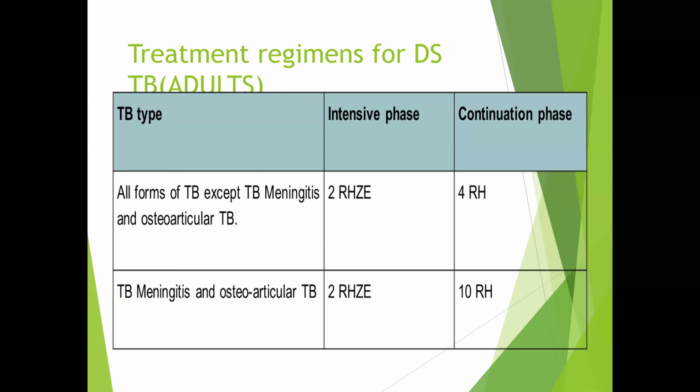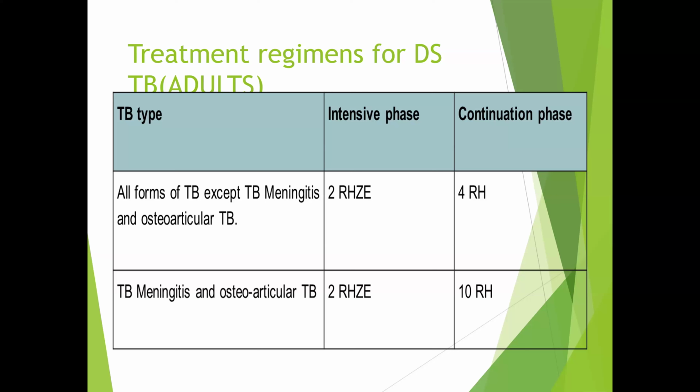This is the regimen that we use for drug-sensitive TB. For all forms of TB, except TB meningitis and TB of the bone, we use 2 months of rifampicin, isoniazid, pyrazinamide, and ethambutol, and a continuation phase of 4 months of rifampicin and isoniazid.